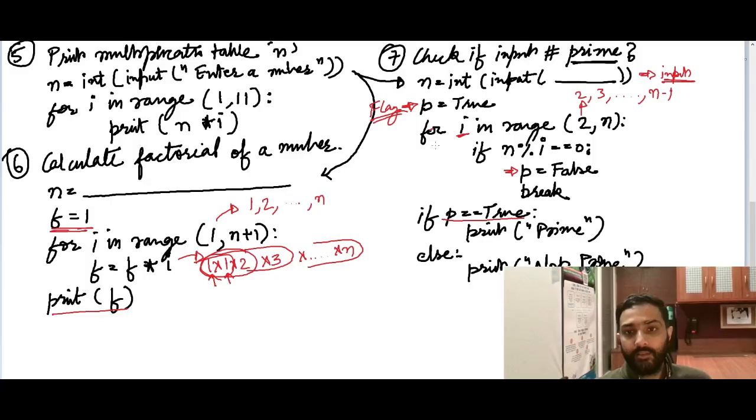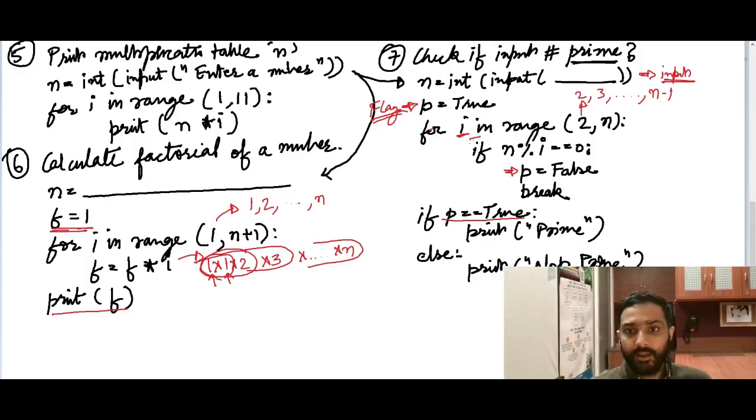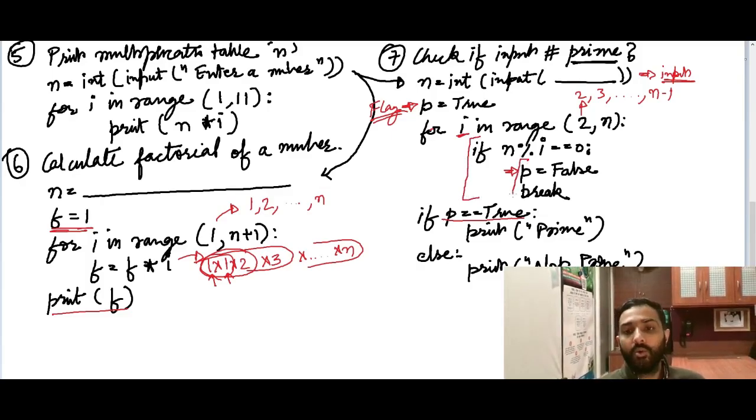One thing I want to tell you is that this is the whole for loop and this is the whole if scope.